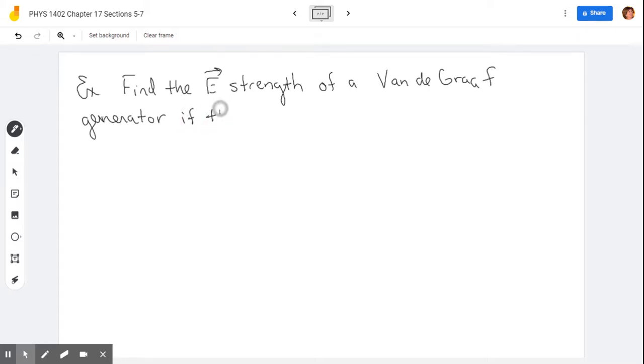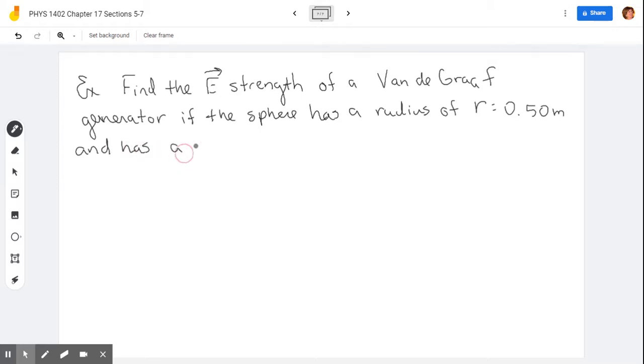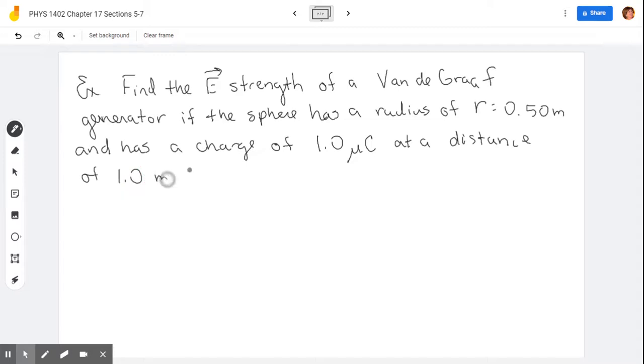If the sphere has a radius of 0.50 meters, that's a pretty big Van de Graaff generator, and has a charge of 1 microcoulomb at a distance of 1 meter from its center.